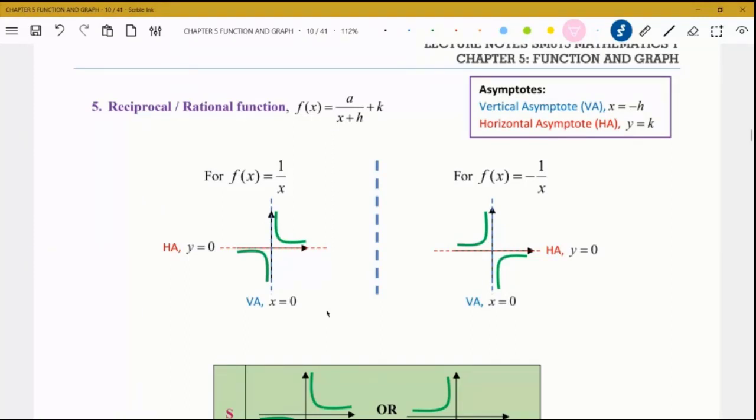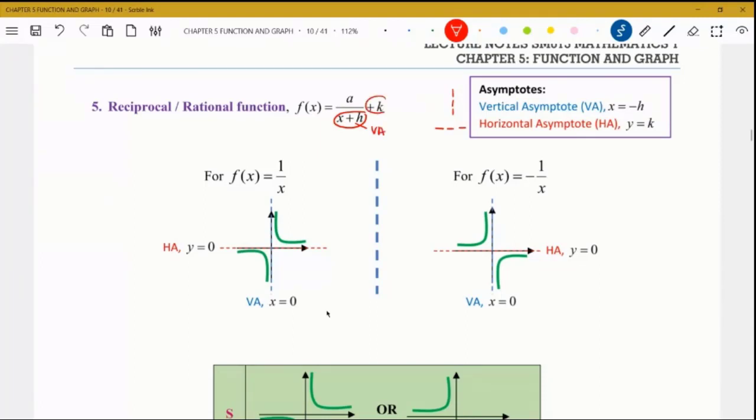So vertical asymptote adalah seperti ini. So it should be this line. Okay, and then horizontal asymptote will be this one. So this one is going to be x equal to negative h. This one will be y equal to k. So mana datang negative h dan juga k adalah daripada yang ini. So based on this part, dia adalah vertical asymptote.